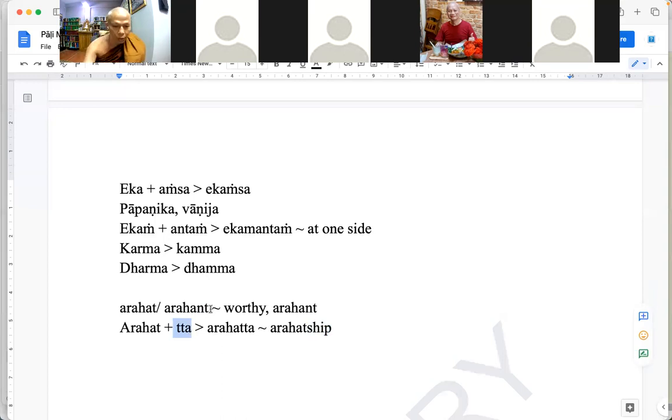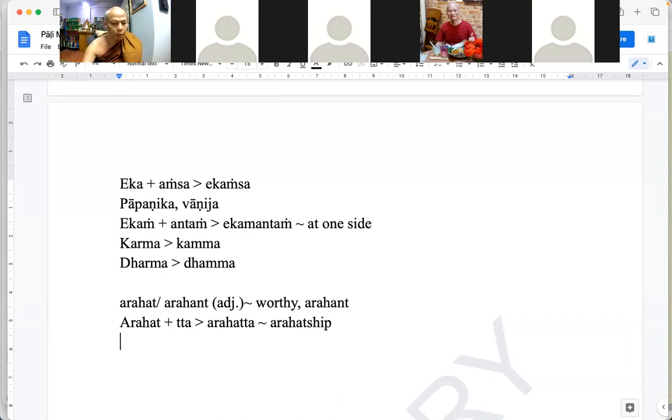Those arahat or arahan are actually adjectives, but by adding this -ta form we get arahatship. So that is building vocabulary: from the adjective form, we form a noun in this way in Pali.